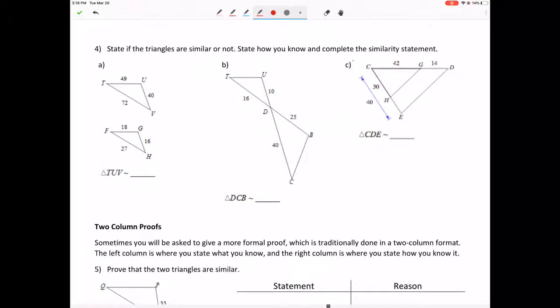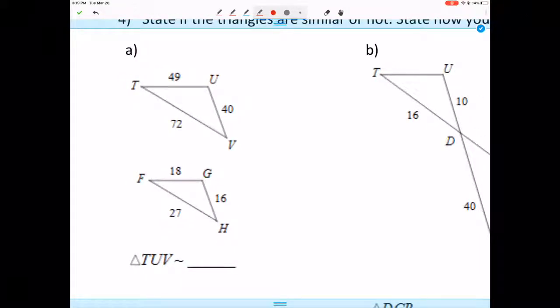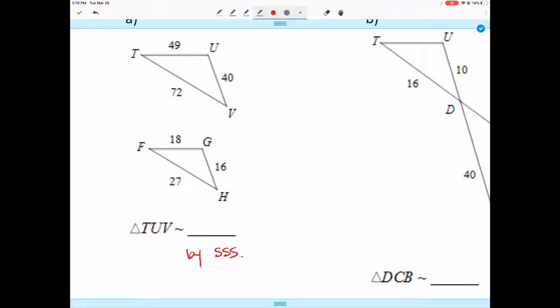We don't know what type of proof that we're going to use, but just by looking at them, you have some good ideas. Here they give us 3 sides for both triangles, so you'd probably want to prove it by side, side, side. This is just kind of like what we did before.